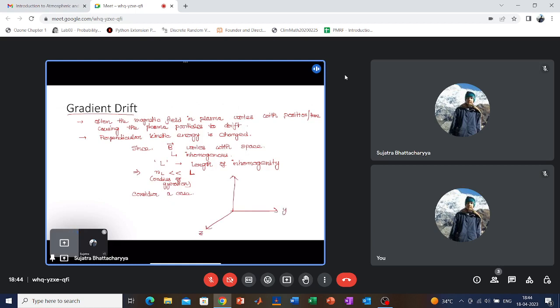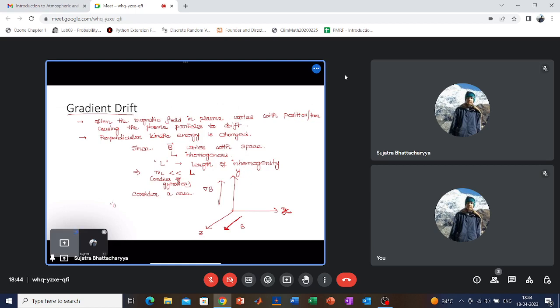This is your Y. Oh, sorry. This is X. This is Y. Then only X cross Y will be Z in this direction. Now, the magnetic field is oriented such that the field's direction is in the Z. The magnetic field B is in this direction, but the magnetic field is varying only in the Y direction.